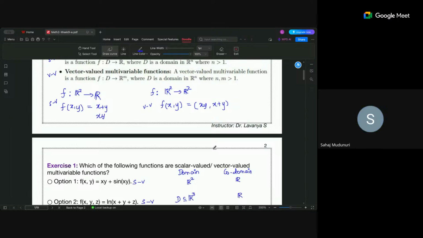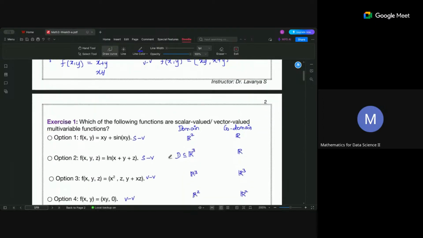Ma'am, somebody pointed out that the domain is a subset of R3. I think the domain is R3 only, because if we have -5, we can put y and z as 10 and 15. See, that's why I did not want to go into this technical part.